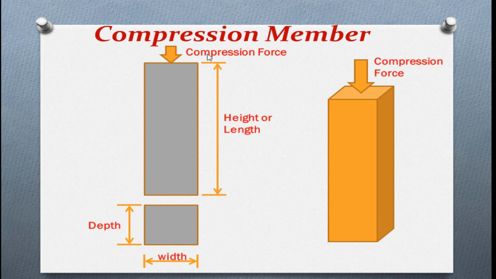Same again, we saw earlier, this is the height or length of the column. This length should be greater than 3 times the least lateral dimension, width or depth. So this is the least dimension. The length of the member should be greater than 3 times the width or depth.